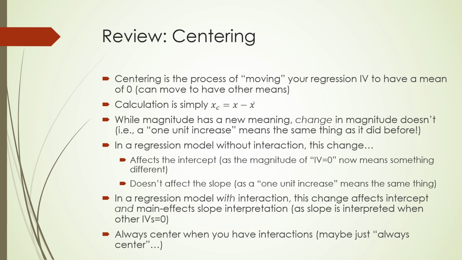As a rule of thumb, it's always a good idea to center when you have an interaction term. And there's a decent argument to be made that maybe you should just always center your variables. Why is that? Well, frankly, because centering gives you a more usable intercept. Even in a regular simple regression, no interaction, the intercept, assuming all the independent variables are 0, is often something that we look at and roll our eyes and say, oh yeah, we can't interpret that at all.